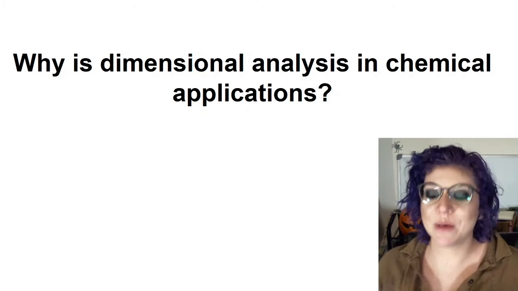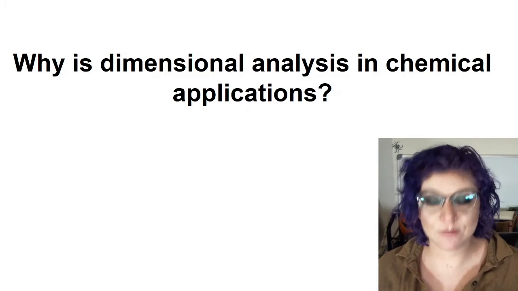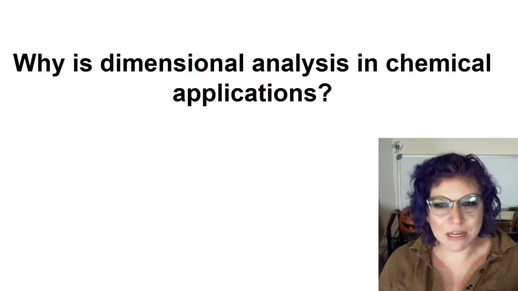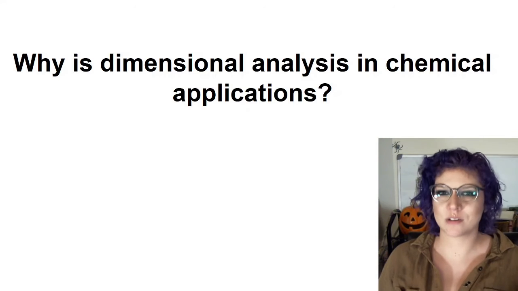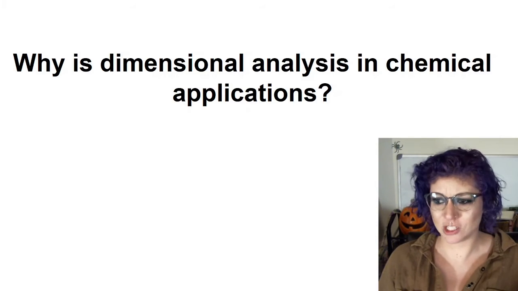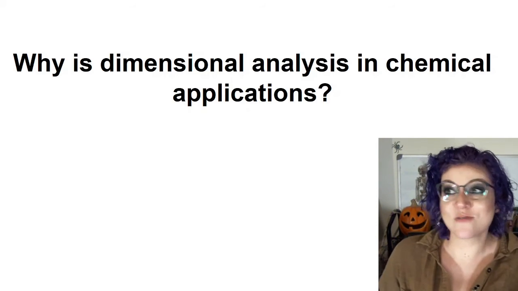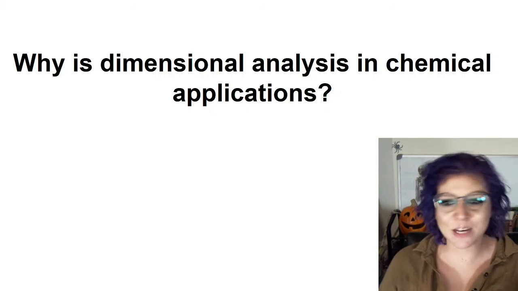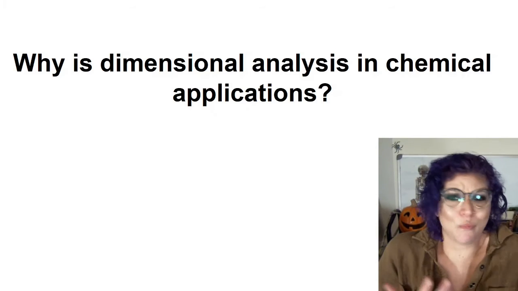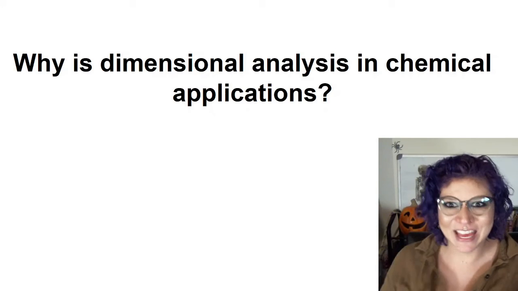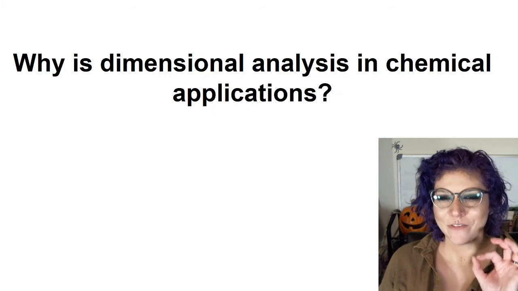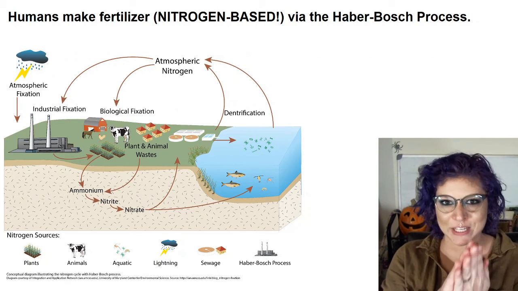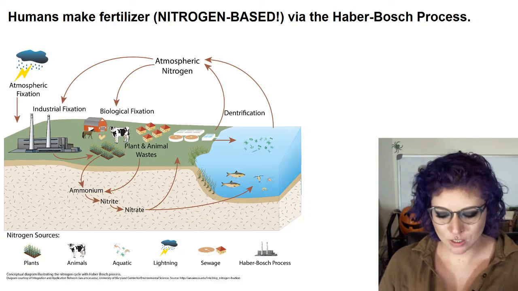So to wrap up this unit on scientific measurements, I want to talk about why dimensional analysis is important in chemical applications. It's nice that we know how to convert from inches to feet and from meters to centimeters and all of that. What does this have to do with chemistry? For that, I want to talk about a specific chemical process.